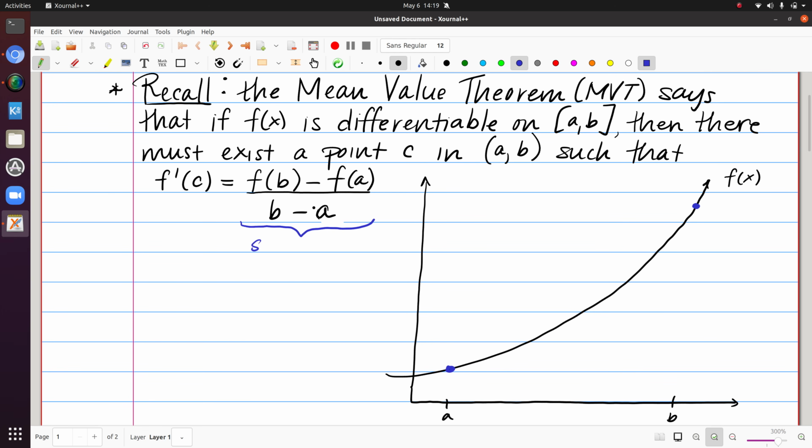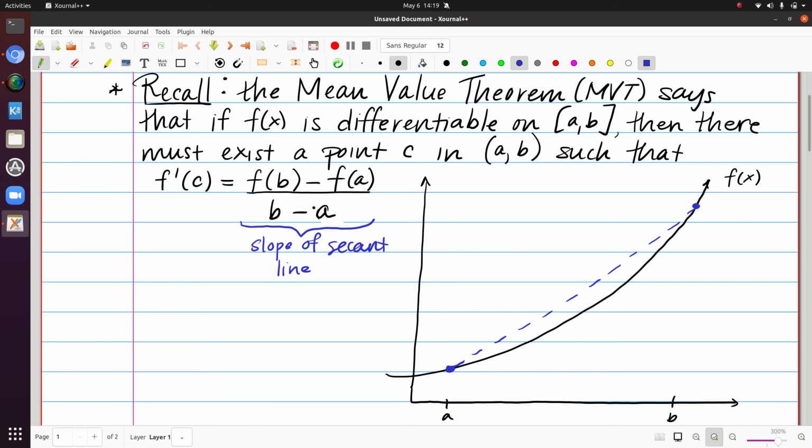We call that the secant. So that's the slope of the secant line, and I can think about drawing that line, so we have a visualization of what the slope means there.